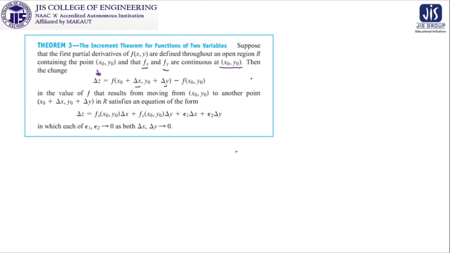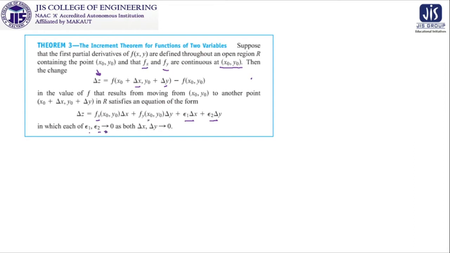fx, the partial derivative with respect to x at (x0, y0), times del x, plus fy at (x0, y0) times del y, plus, most importantly, epsilon 1 del x plus epsilon 2 del y, where epsilon 1 and epsilon 2 tend to 0 as both del x and del y tend to 0.